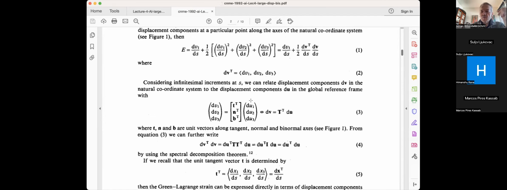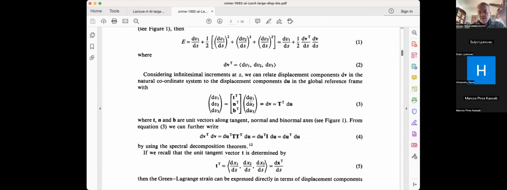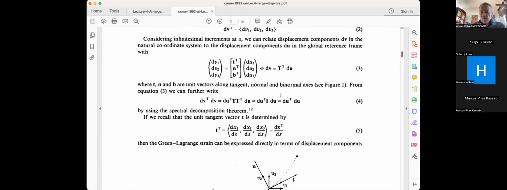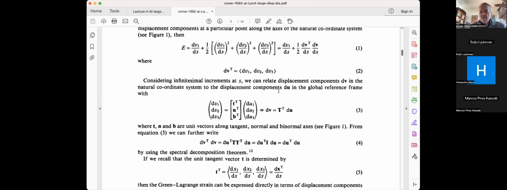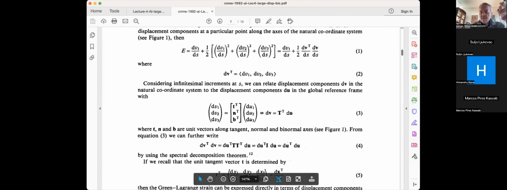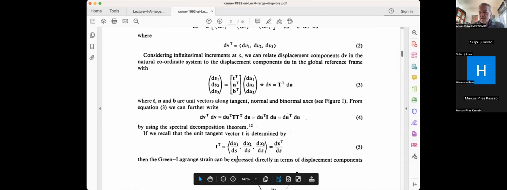Now, let's say that the local curvilinear frame can be obtained by taking the derivative of your position vector with respect to s. This is your vector t. You have dx/ds computed this way, and t is a unit vector.